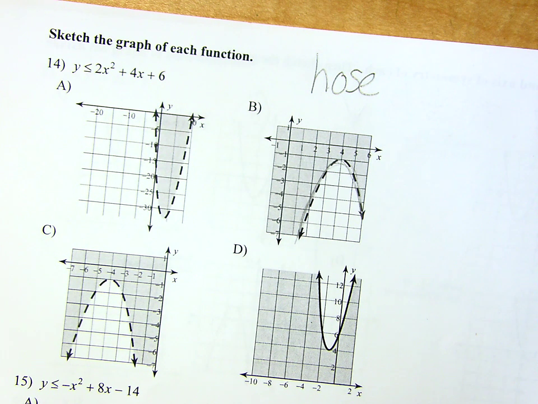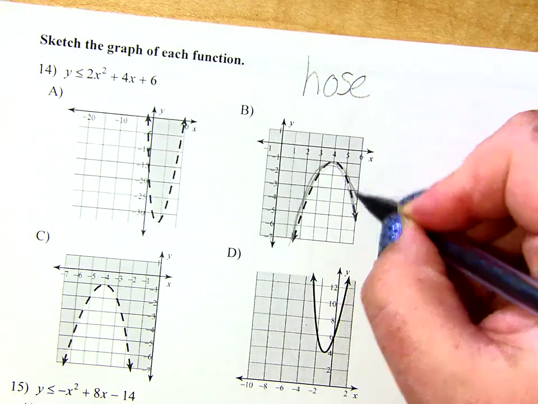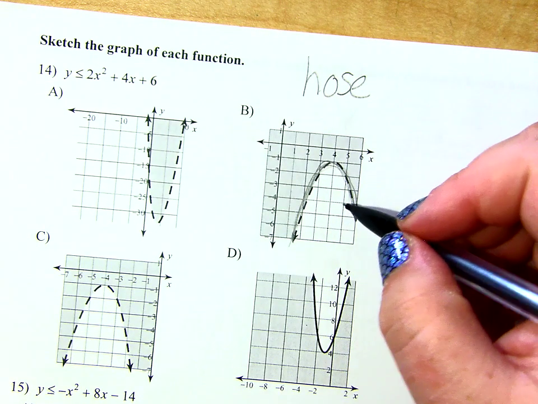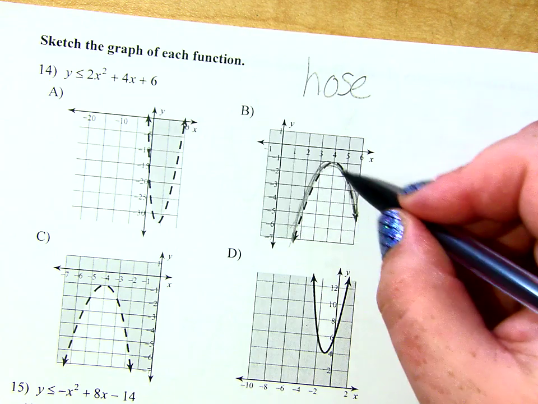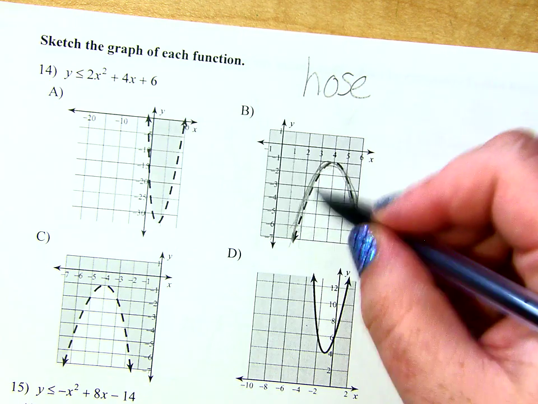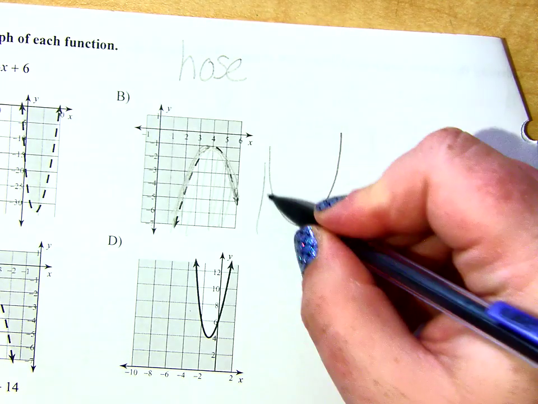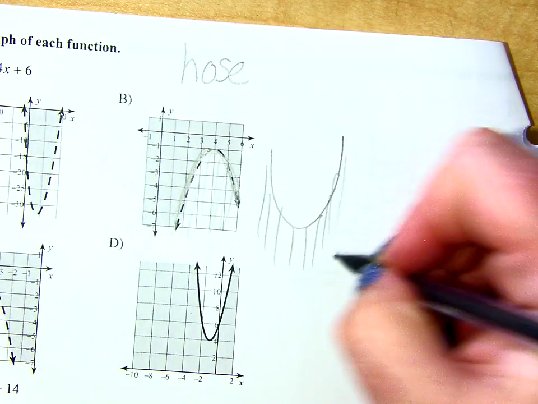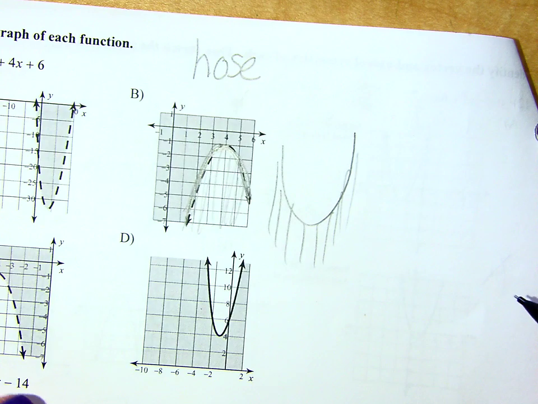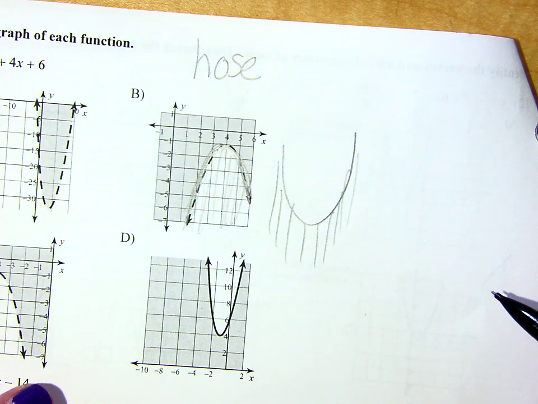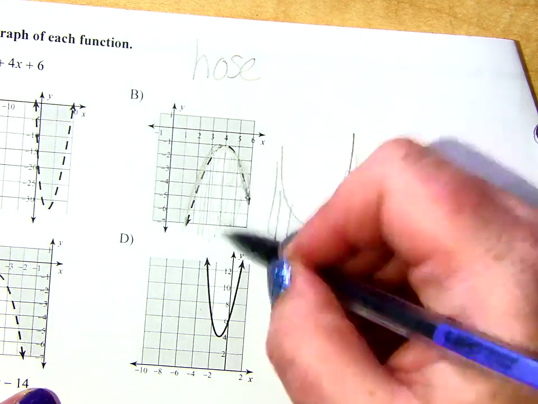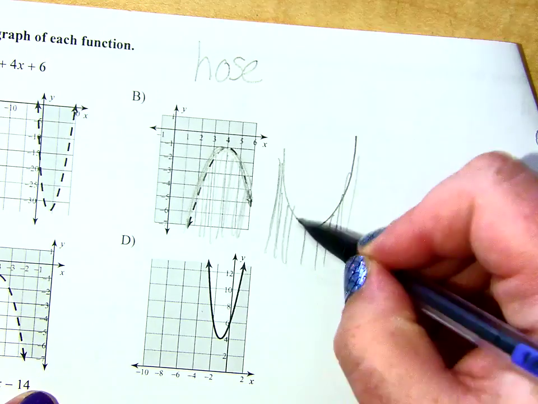Yes. Anyway, maybe I'm doing a bad analogy. Imagine if this bursts, where would the water go? It would all go down underneath, right? If you put the hose this way and it bursts, where would the water go? All this way, right? So, when y is less than, it just goes underneath the parabola, whichever way it is, this way or this way.